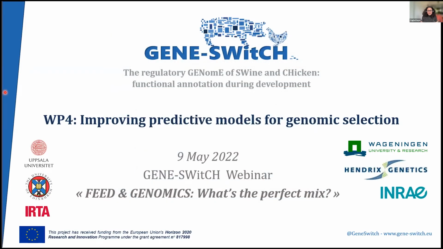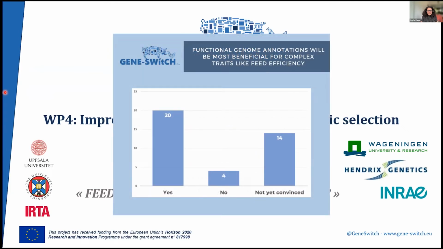Yes. So I will launch the second question. I hope you will see it. Functional genome annotations will be most beneficial for complex traits like feed efficiency. So at least the majority thinks yes, but still 37% not yet convinced. So yes, the floor is yours, Mario.